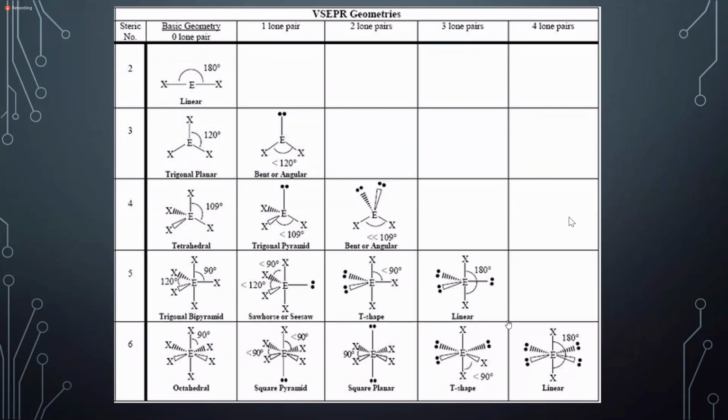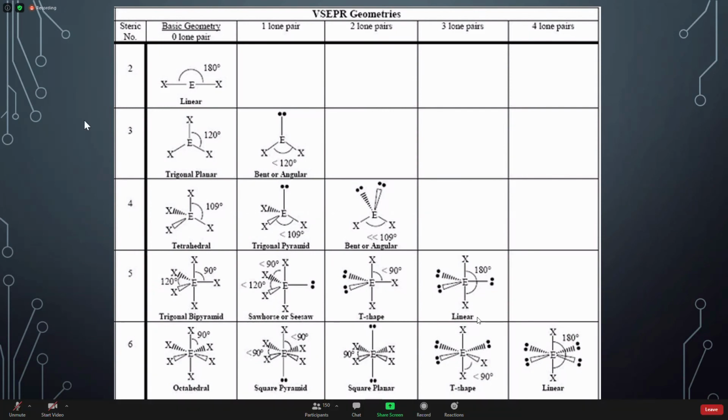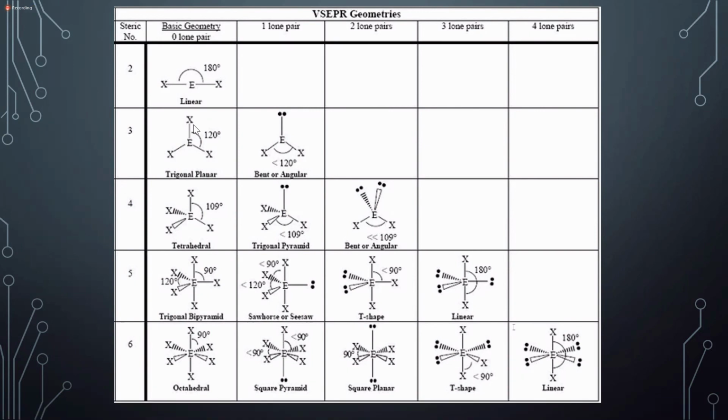Okay, so if we see on the chart here, if we're looking at the trigonal planar one, see those X's, if one of the X's is a lone pair, but the other 2 are atoms that are bonded but have lone pairs on them, do we draw those in the geometric diagram?